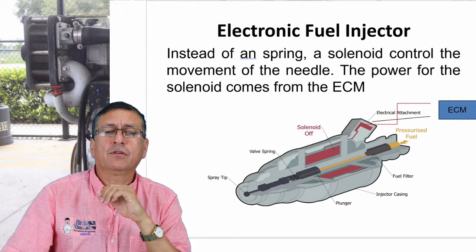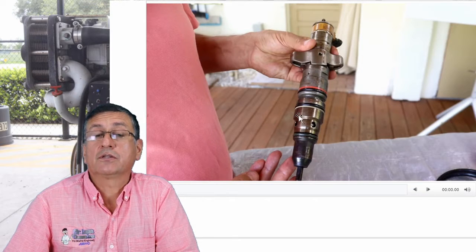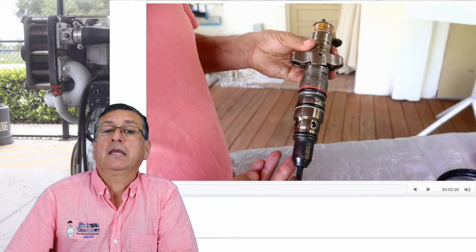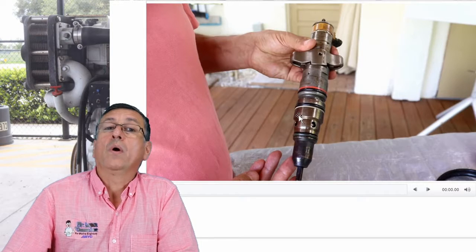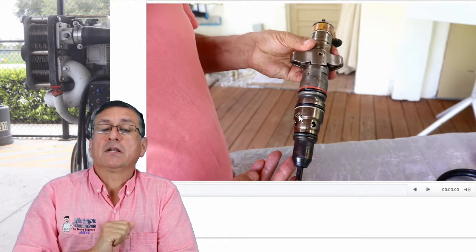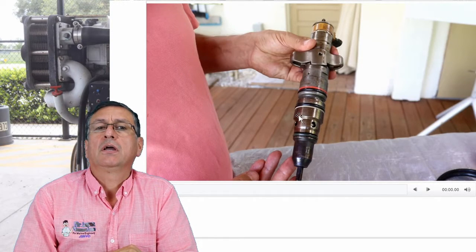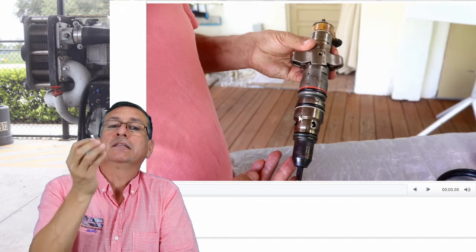Okay, we are going to check another video. In this video I am going to disassemble the electronic fuel injector and replace the solenoid of the injector. Once again my friends, if you have the part number, order the parts directly from the manufacturer and don't touch the injector until you have the parts in your hands. Alright?